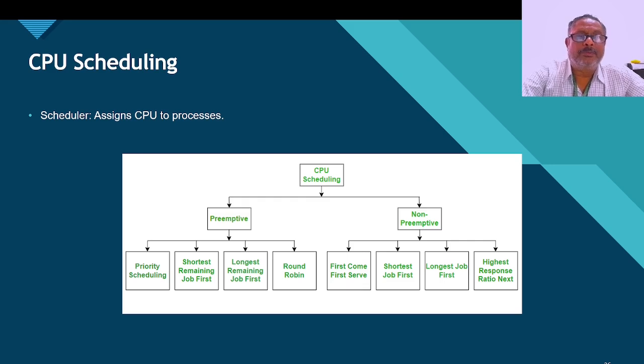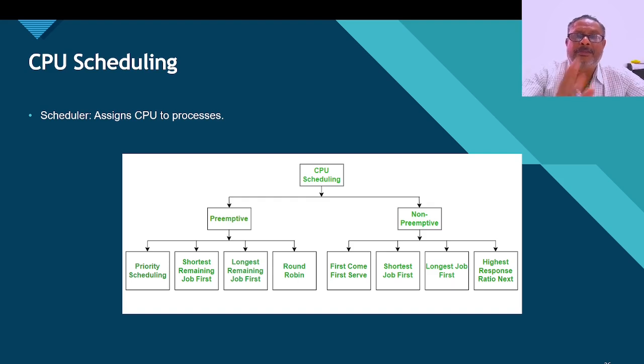Scheduling means assigning the CPU to the processes. We have two types of scheduling. One is called preemptive, another is called non-preemptive. Preemptive means the processor has a right to stop any process in between and serve some other process. That's preemptive scheduling.